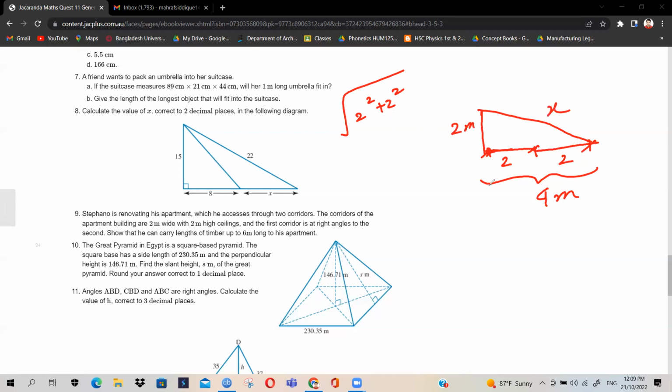If we calculate the value for x, x equals the square root of 2 squared plus 4 squared, that is square root of 20. That is somewhat greater than 4. But how can he carry lengths of timber up to 6 meter to his apartment?